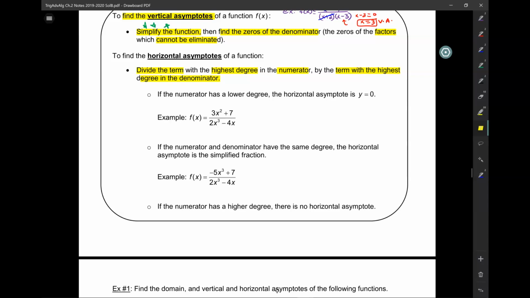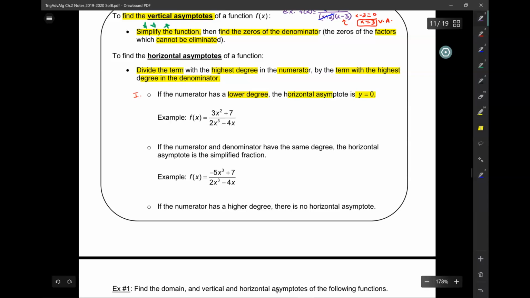So here are the 3 cases. Number 1, if the numerator has a lower degree, the horizontal asymptote is y equals 0.